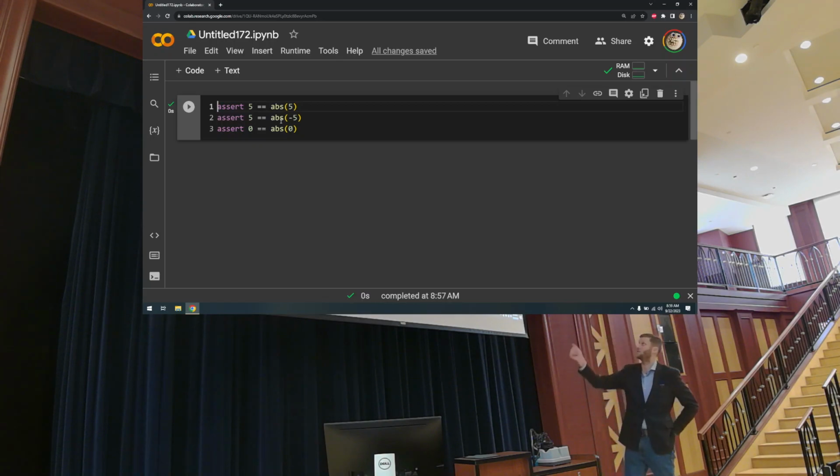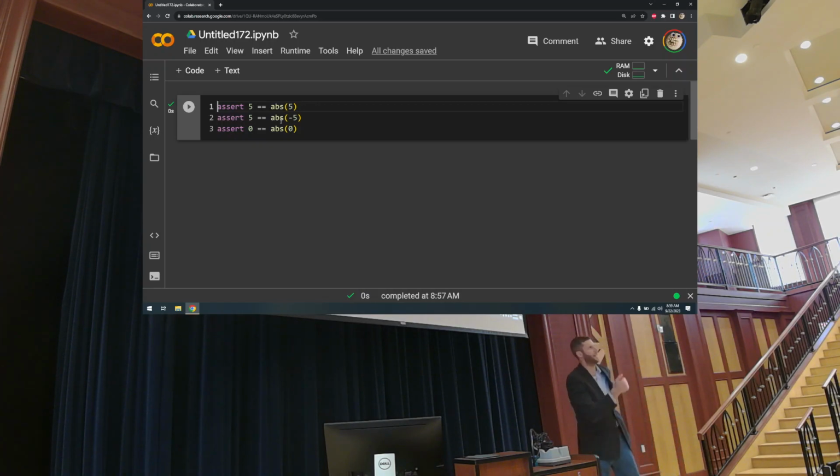Yeah, it's in the middle. You're exactly right. I picked a positive value as an argument, a negative value as an argument, and then 0, because 0 is kind of funny, right? 0 is in the middle. I want to make sure it does what I expect it to do. So this code is fine.